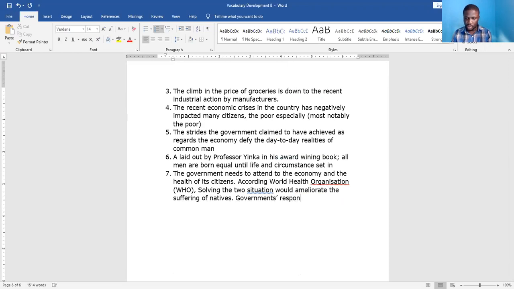Response in attending to the two issues respectively. I have not properly used this one. I want to reverse.